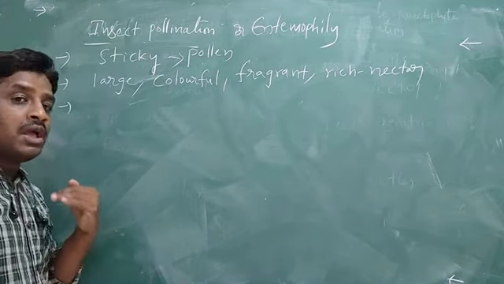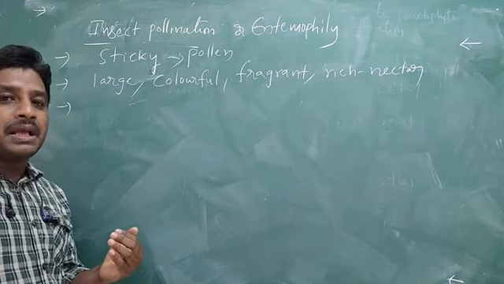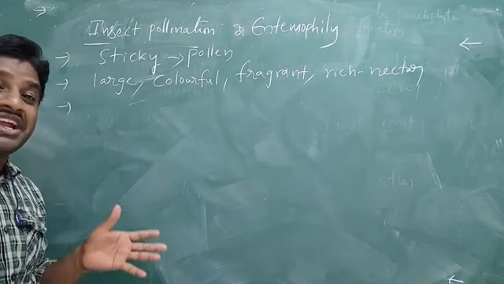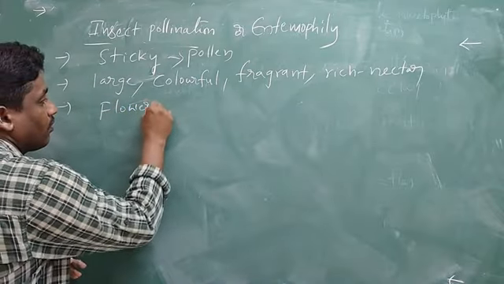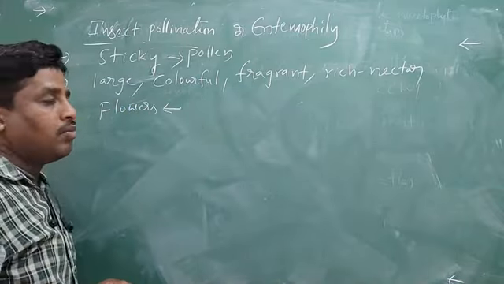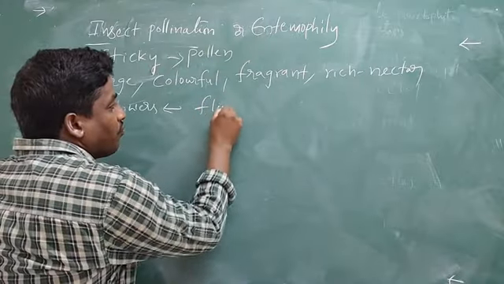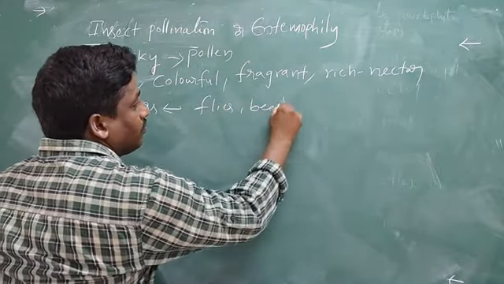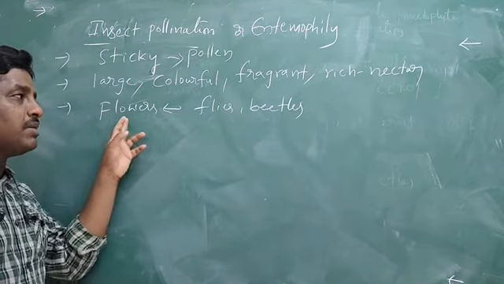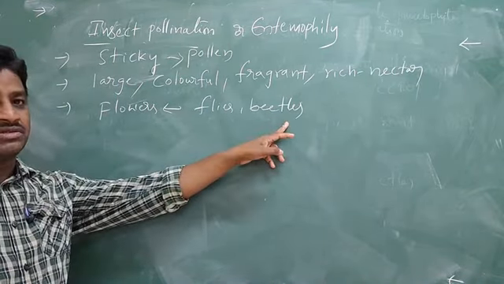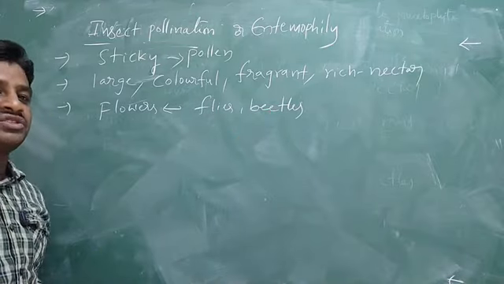Next, some of the flowers are pollinated by flies and beetles. How does the pollination occur?